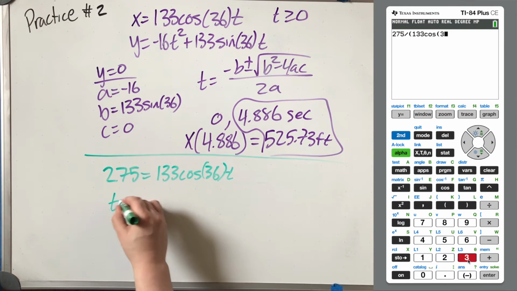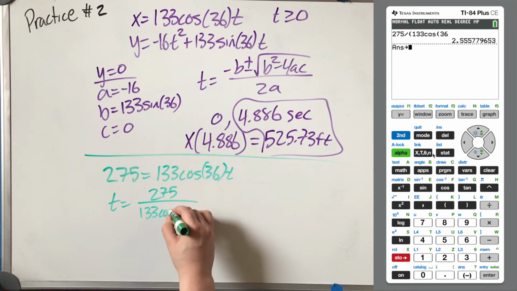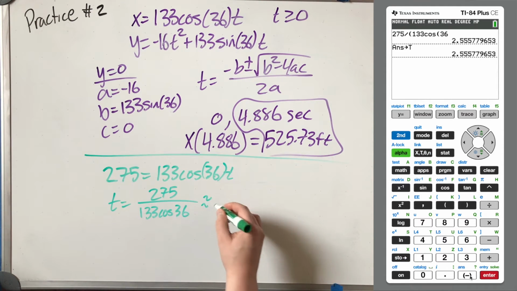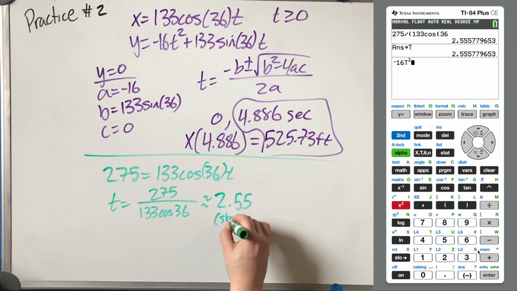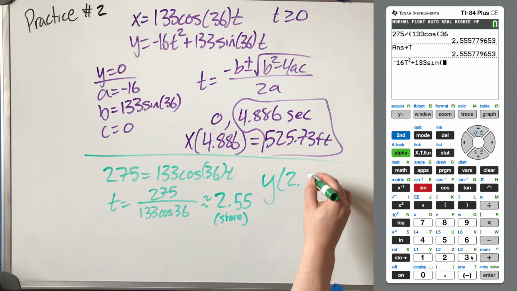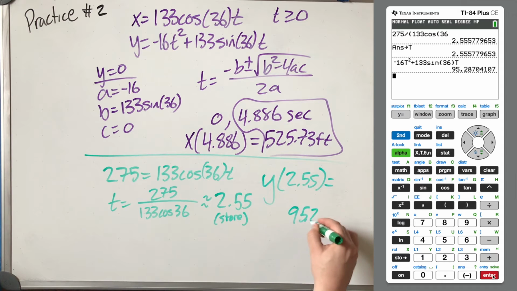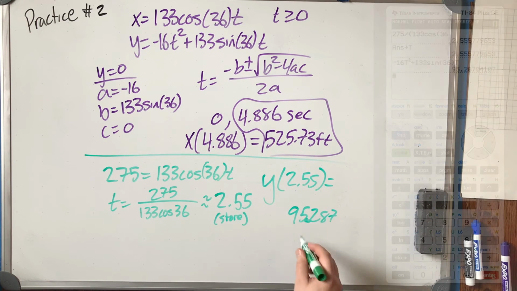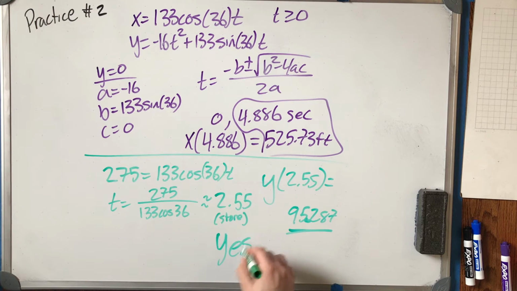I will solve for t by just dividing all of that other stuff away. 275 divided by 133 cosine 36, plugging that in the calculator, gives 2.55. I'm going to make sure to store that, and then plug it into the y value to compare what the y value is at this height, which is 95.287. So 95 feet is definitely bigger than 9 feet, so our answer for this one is yes, it does clear that tree.